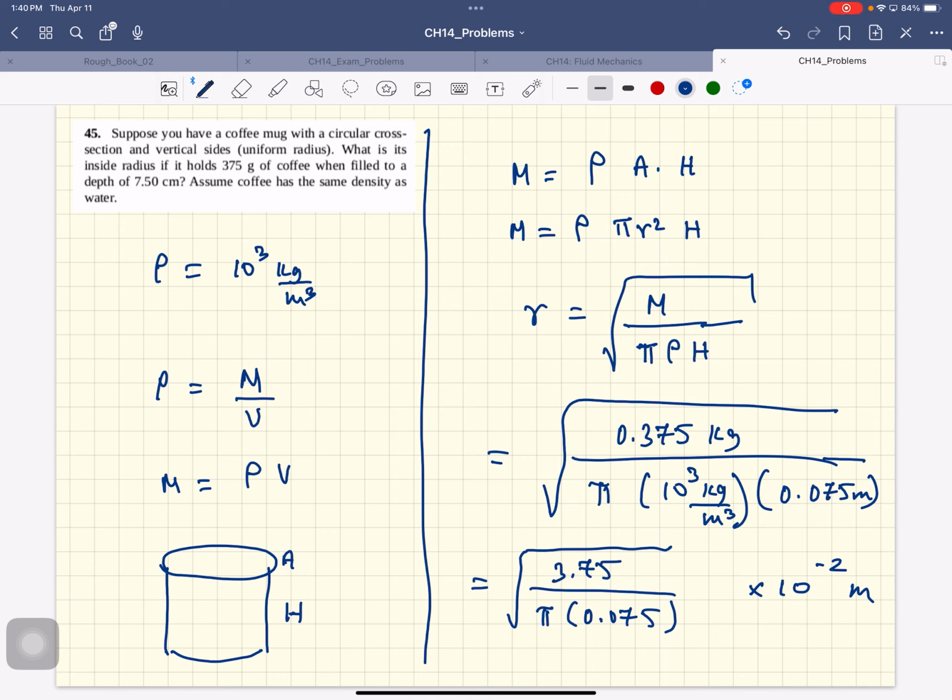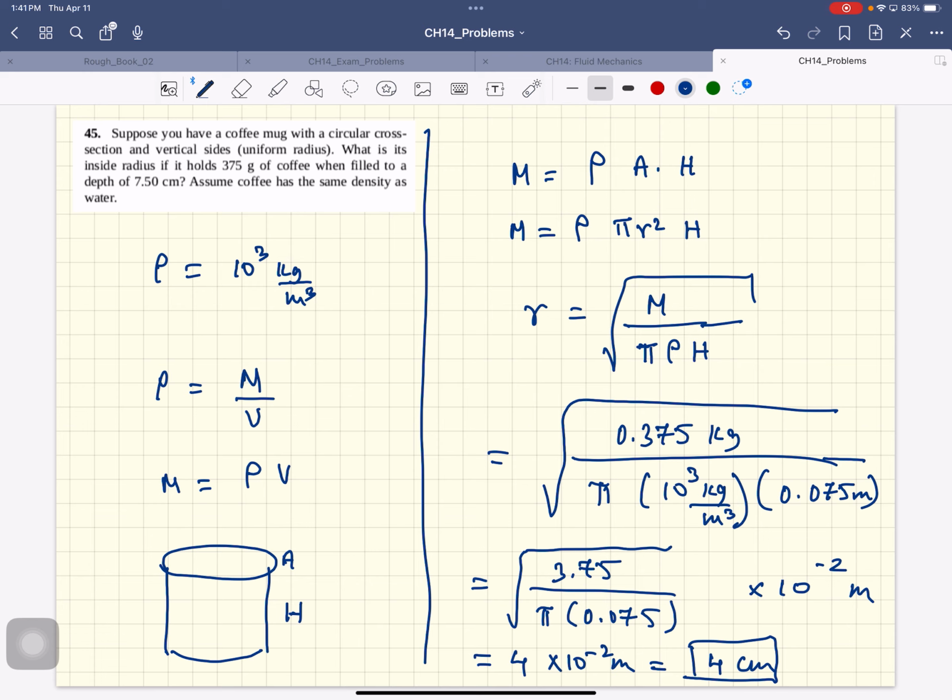Okay. Did you guys understand that? All right. So this is equal to 4 into 10 to the minus 2 meters, equal to 4 centimeters.